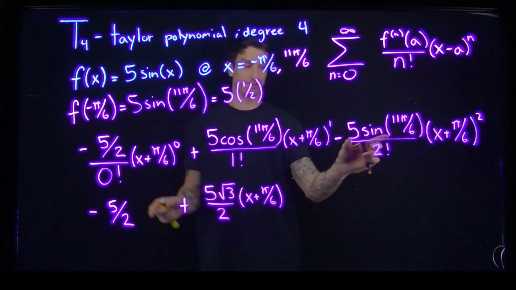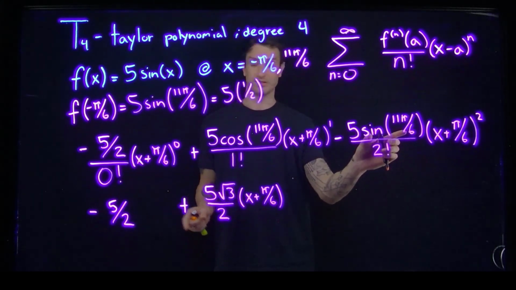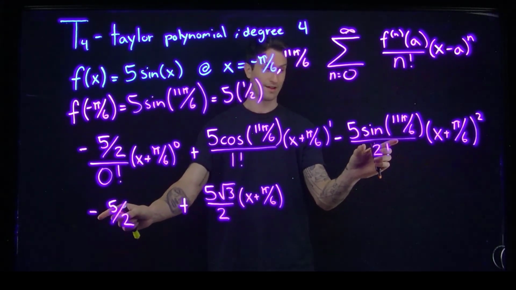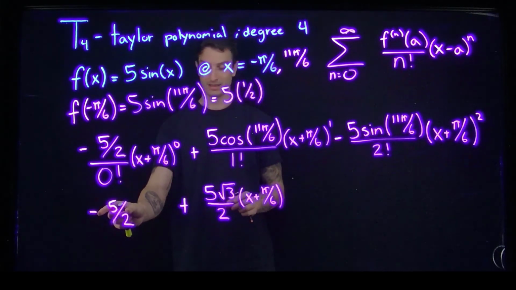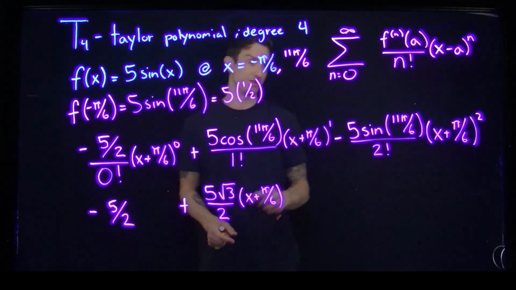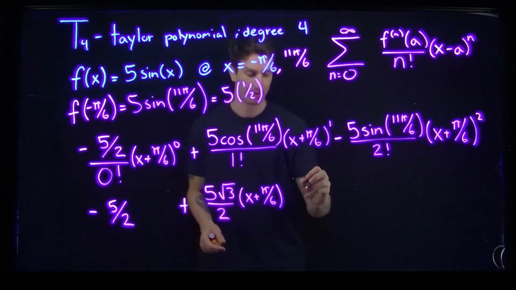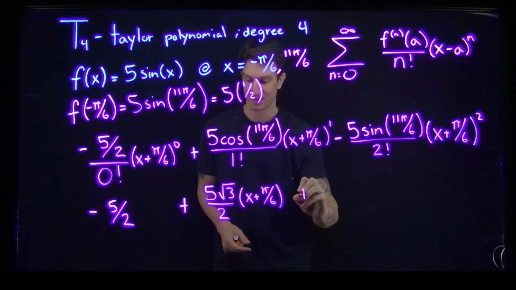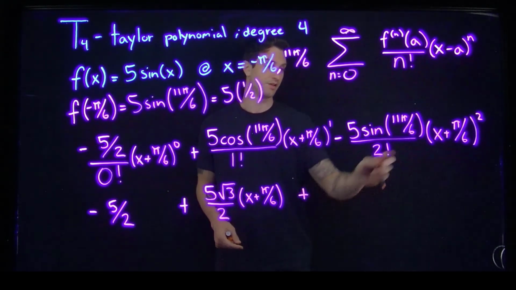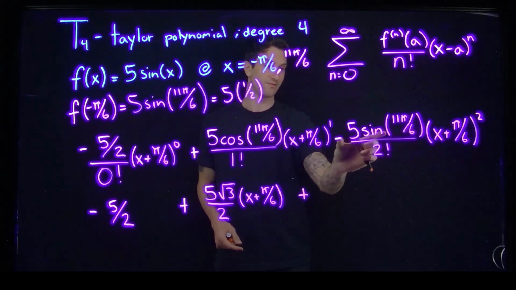Now in this case, sine of 11 pi over 6 again is negative 1/2, but we have a negative sign here, so it ends up being a positive 1/2. So now we're staying positive: negative 1/2 times another negative.